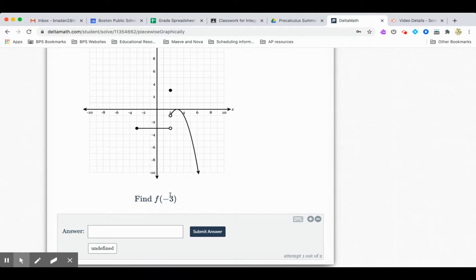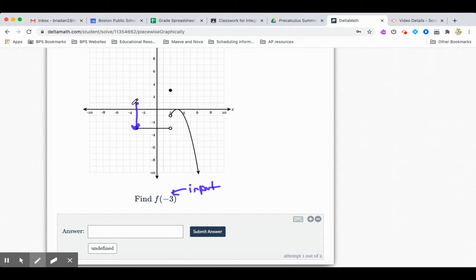Again, when you're talking about restricted domain, we're talking about x values. It doesn't really matter what the y values are per se. It just matters what you can plug in. I couldn't plug in a -4 according to this graph. But f of -3 is actually right here. So -3 is your x value or your input. It is the number in the domain. It's not part of the restriction, because the restriction starts after -3. If it was -3.01, you wouldn't have anything.